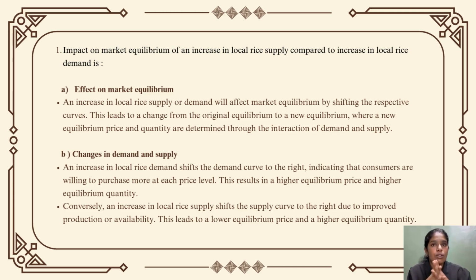Consequently, an increase in local rice supply shifts the supply curve to the right due to improved production or availability. This leads to a lower equilibrium price and a higher equilibrium quantity.